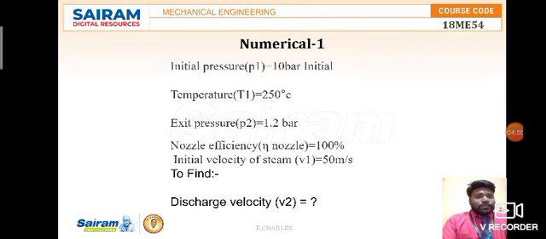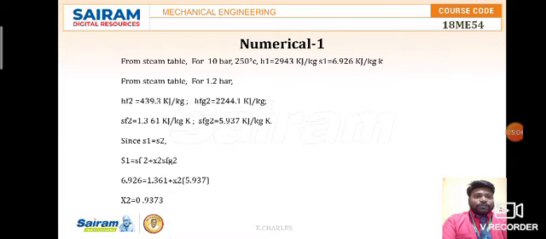We need to find the discharge velocity V2. V1 is given, so we need to find V2. From the steam table, we need to take the corresponding values for the pressures given.